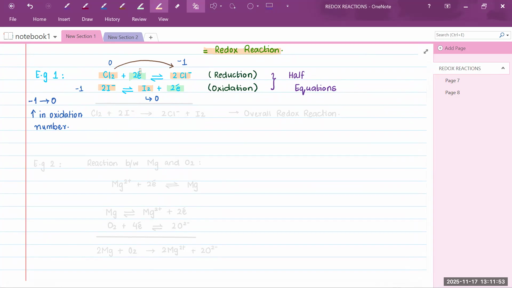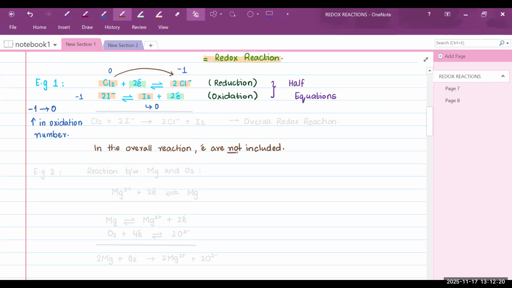In the overall reaction, electrons are not included. So that means on both sides, reactants and products, electrons should be balanced in order for them to get cancelled out.